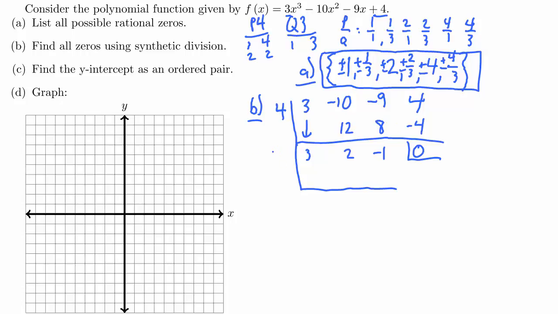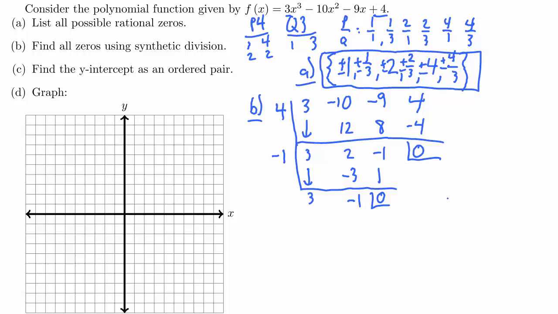Now, we also know -1 is a zero, so I'm going to bring down the 3, multiply, add, multiply, and add. Notice I've just proven that -1 is also a zero. But I now have 3 and -1.